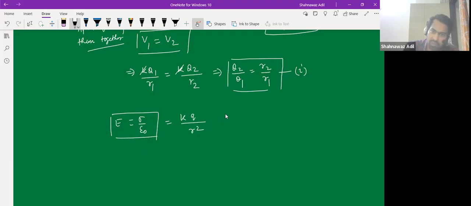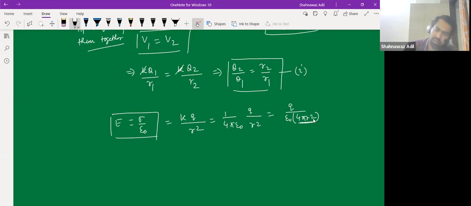So this would be 1 by 4 pi epsilon naught and q by r square. So I can take q by epsilon naught outside, and this would be 4 pi r square.